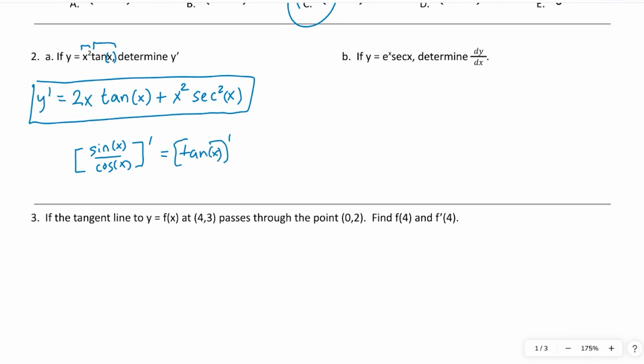And hopefully you at least know what the derivatives of sine and cosine are, so that you can use the quotient rule and figure out what the derivative of tangent is without memorizing it. Now, it's probably just going to be easier to go ahead and memorize it. But if you just have a brain fart or something, you just cannot recall what it is, you can always find it by using that quotient rule.